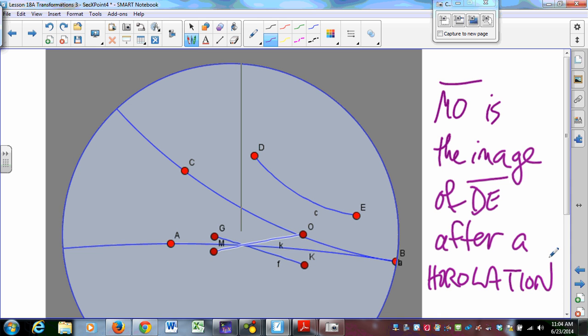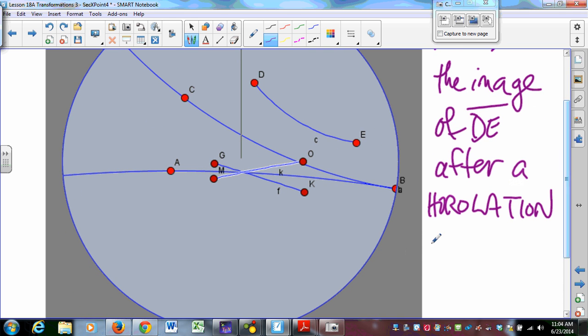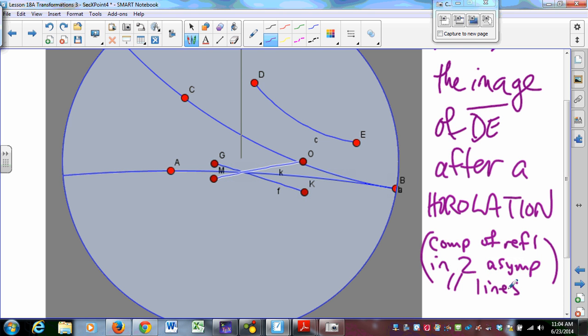And by horolation, we mean a composition of reflections in two asymptotically parallel lines. So if you want, we can think of this as D prime and E prime. This is D double prime and E double prime. A reflection over two asymptotically parallel lines is a horolation.